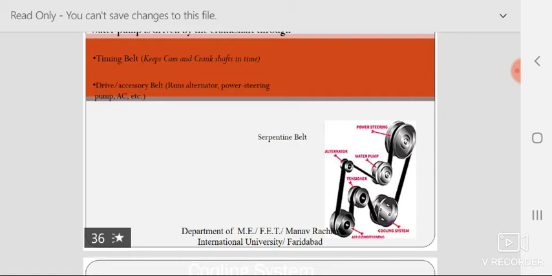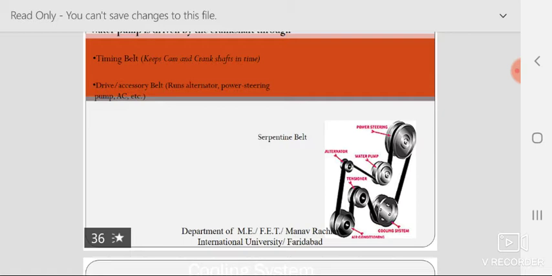At each transfer of power, at each pulley shown by a belt, there is decrease in power because of transmission loss. So you can see, starting from the first power steering to the last one, which is the cooling system, there is a large amount of power loss.